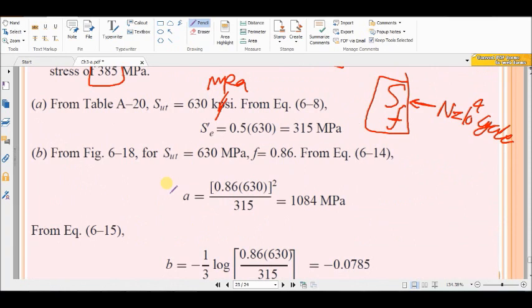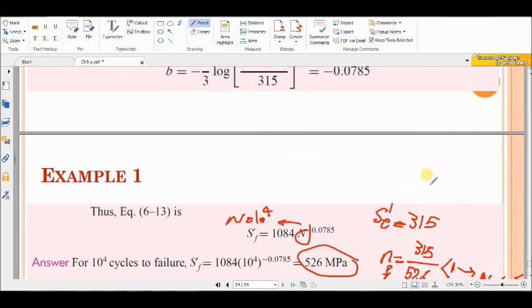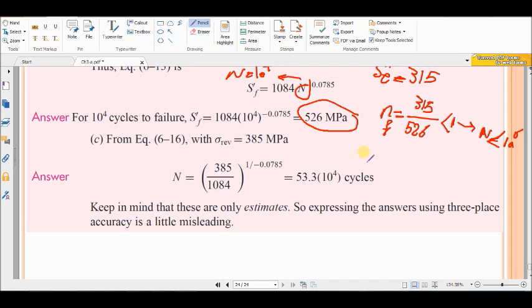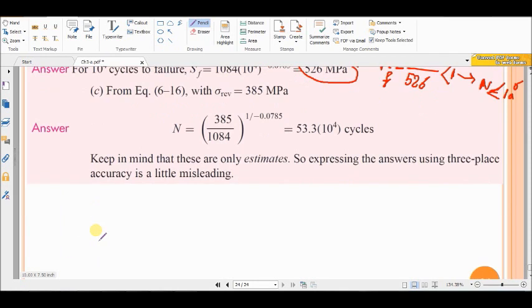That means sigma max, let me write in part C, sigma max is 385 megapascal.